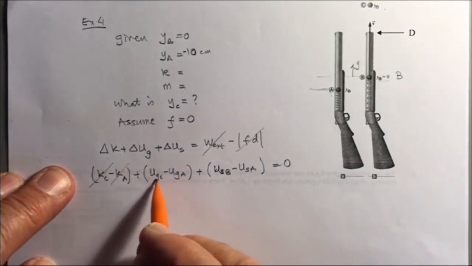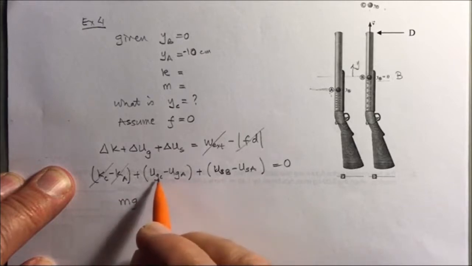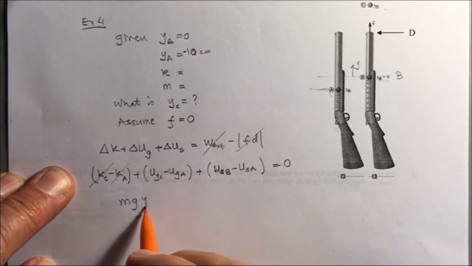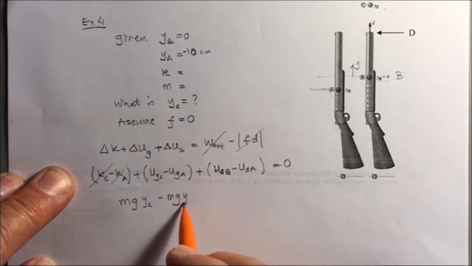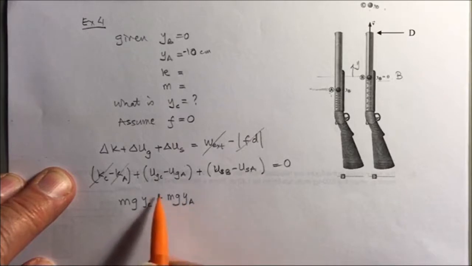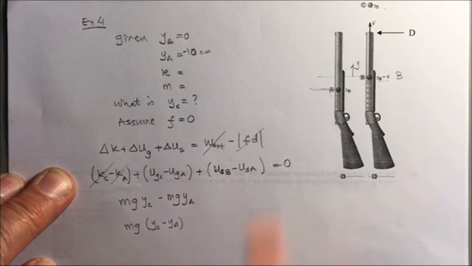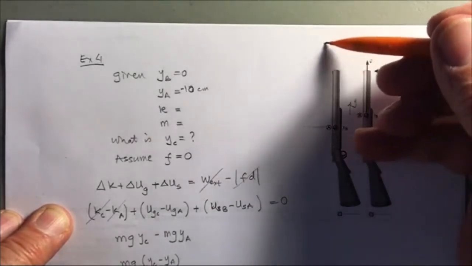And then the gravitational potential energy will be the mass of the ball, g, and yC, and this would be mg yA. And yA would be negative, so they will actually add up, because you need the total distance. yC minus yA should actually be the distance from here up to here.